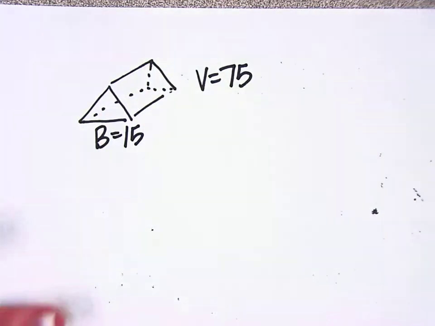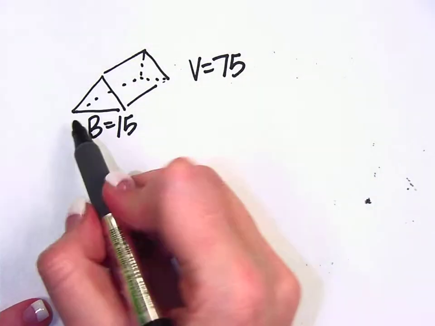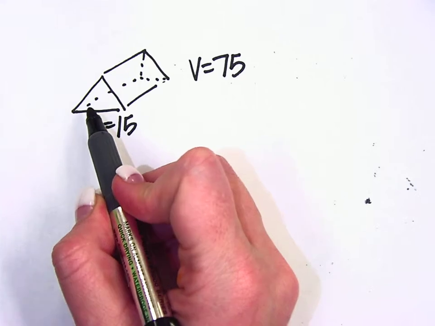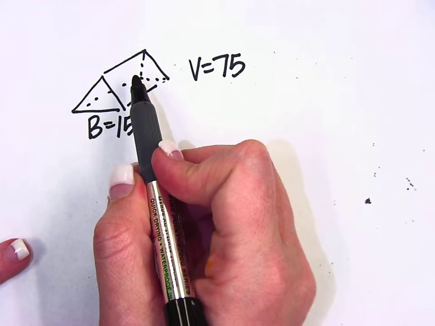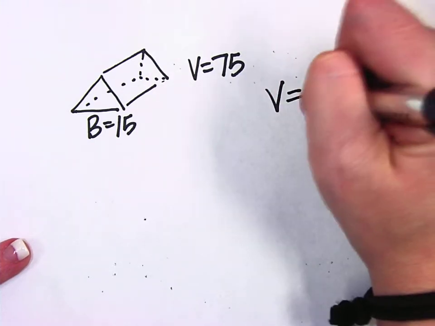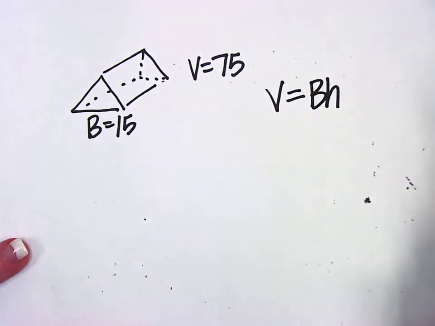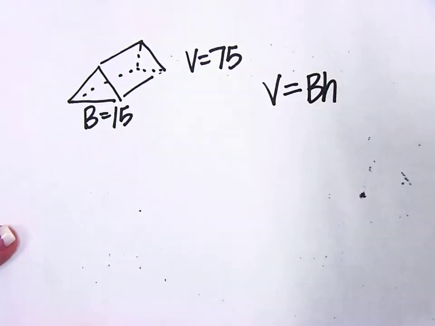In this problem we need to analyze what information is given to us. We've already got the volume, and they gave us the base area, which is big B. Since this is a prism, you want to look to see which formula we use, which is V equals big B times H. Since we already have volume and big B, let's plug this in.